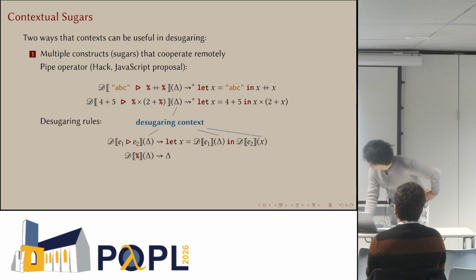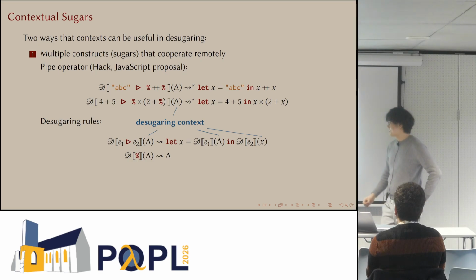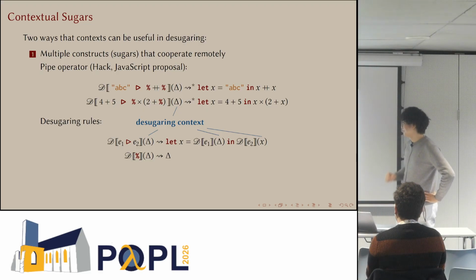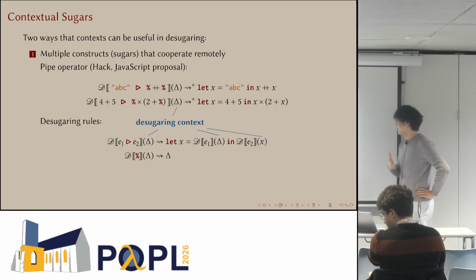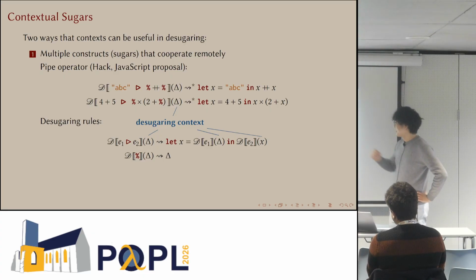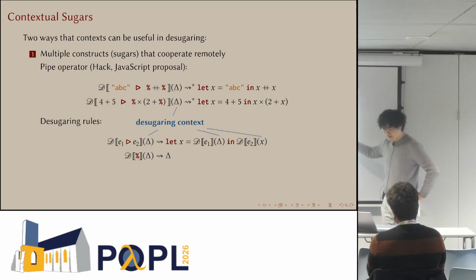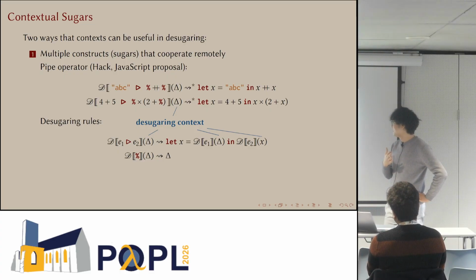So here we introduce a desugaring context, which is the delta here that I hadn't explained. Delta for desugaring context, very reasonable. So we use the desugaring context to pass down the reference to the variable x that was bound by the nearest pipe.